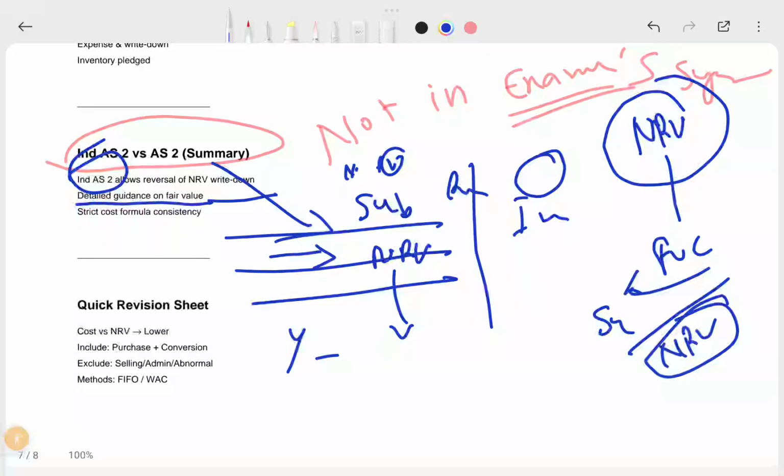Okay, now we'll see a few problems based on our understanding. Then you will get clarity about this Ind AS and you can solve the problems directly from the exams point of view.